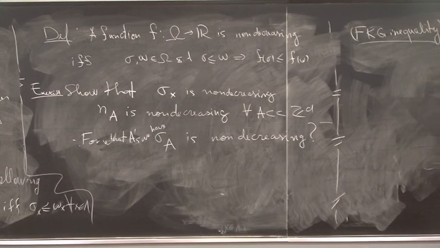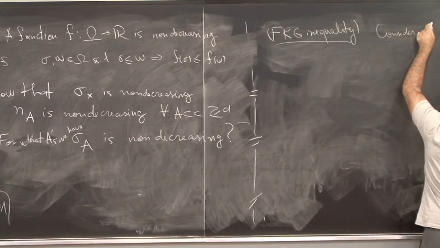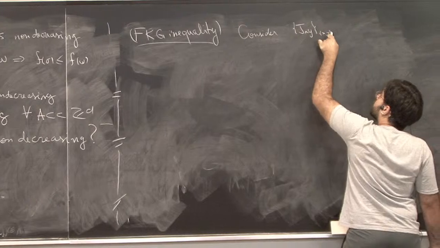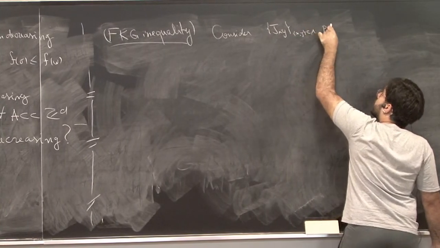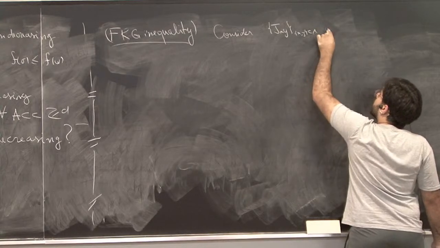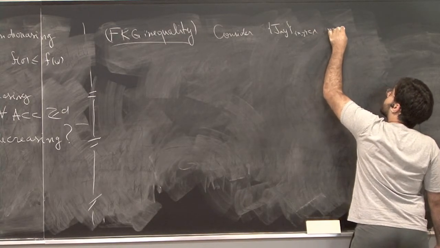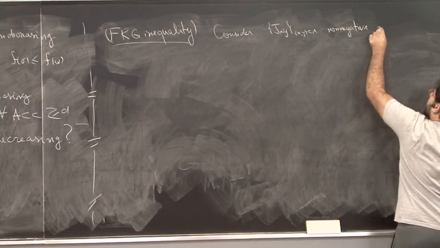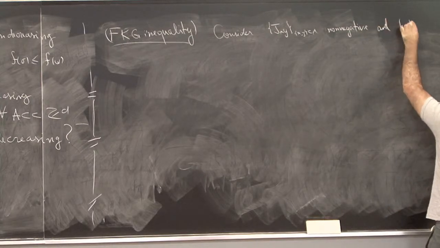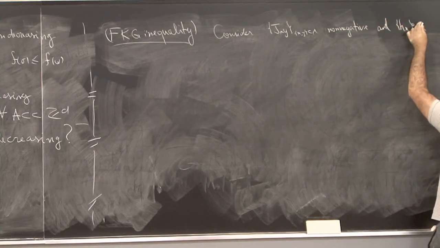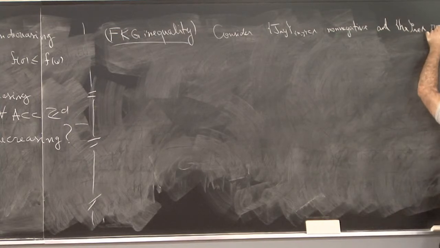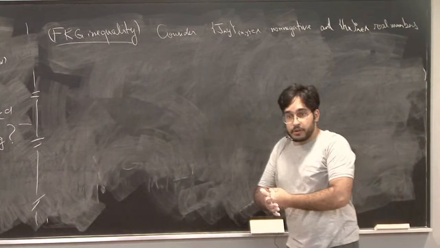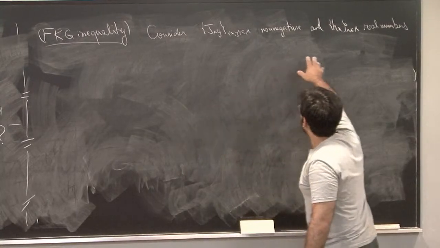So consider J_xy non-negative, and h_x a collection of real numbers. This is the first difference: the FKG inequality holds for any field.